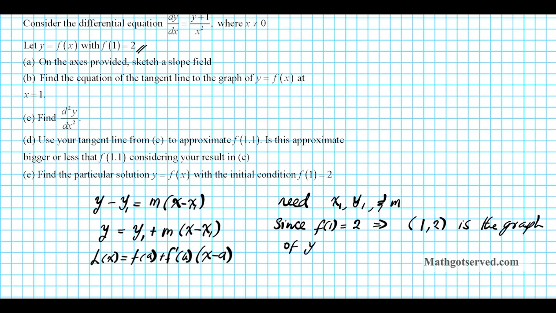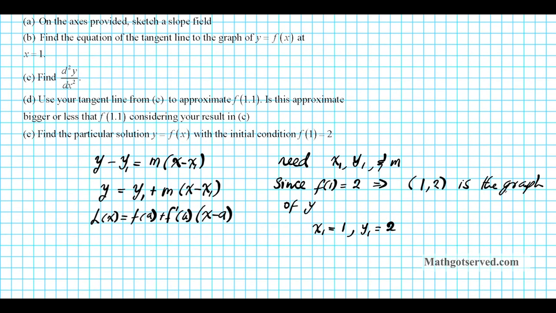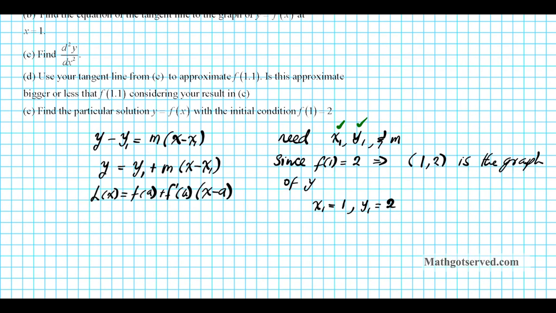So keep that in mind. Now that we have a point on the graph, x1 is equal to the x coordinate of that point, and y1 is equal to the y coordinate of that point. Next thing we need is m.